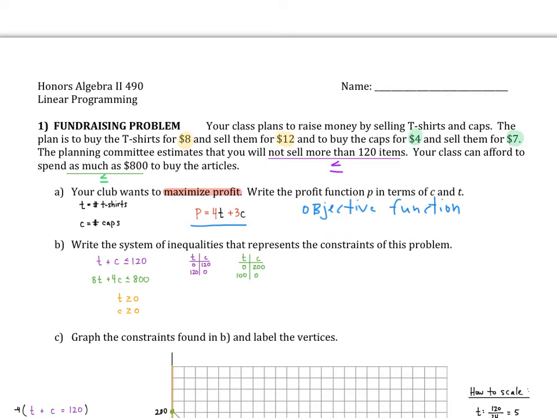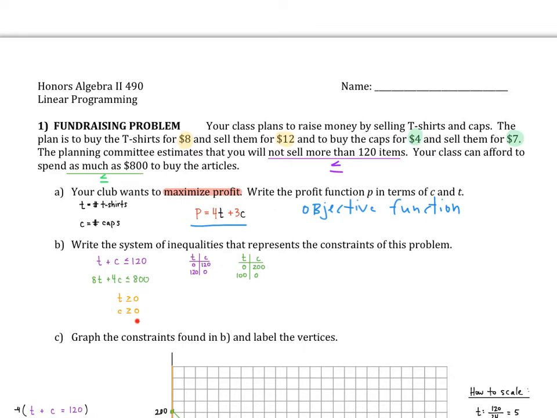But it's talking about cost. So we need to talk about how much do we spend on each t-shirt? At the beginning it told us we can buy them for $8. So that's where I got 8T from. And the caps we buy for $4, so plus 4C. And we can spend as much as $800. So that's where a less than or equal to 800 comes from.